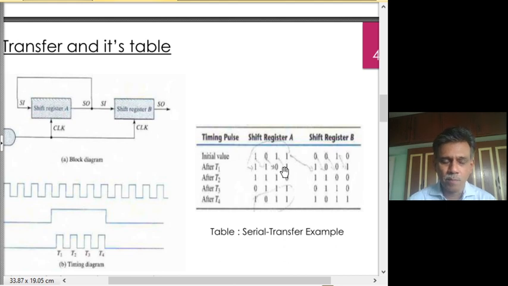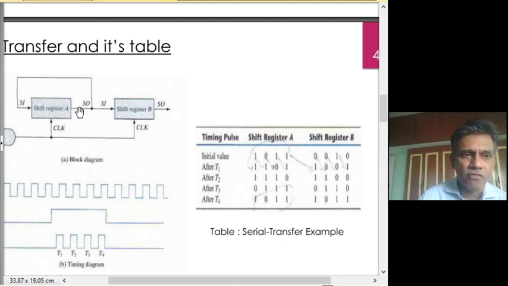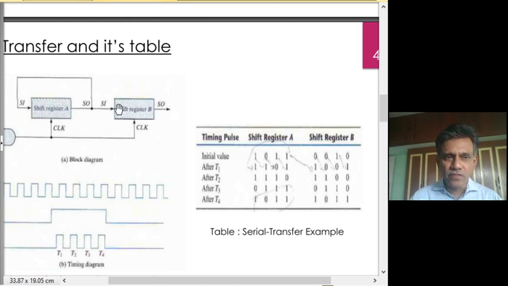Now during that, because SO of A is connected to SI of B, these shift registers together act as a single 8-bit shift register. These two 4-bit shift registers now act as an 8-bit shift register during the transfer. So this 1 comes and occupies here, and so on. So after 4 transitions, all these 1011 will also be present here.